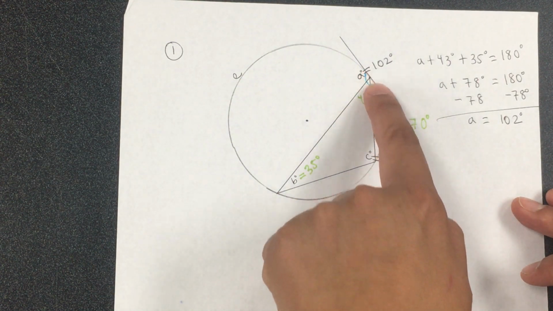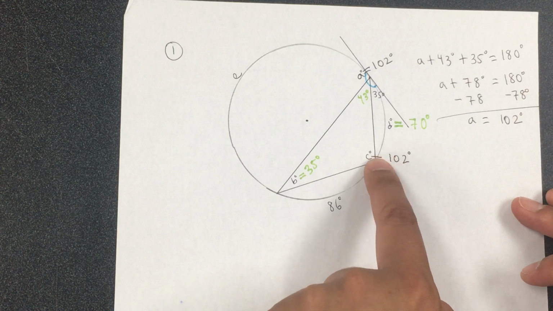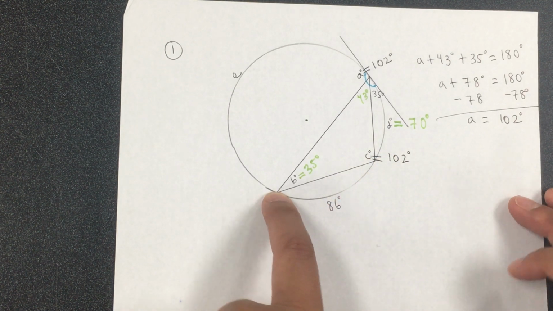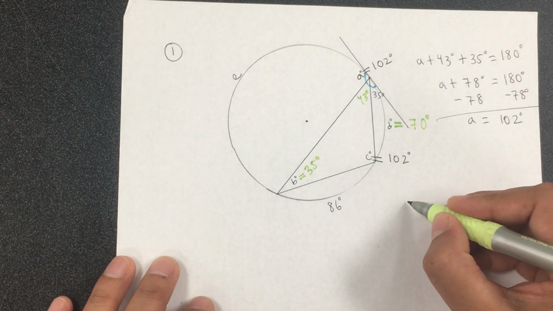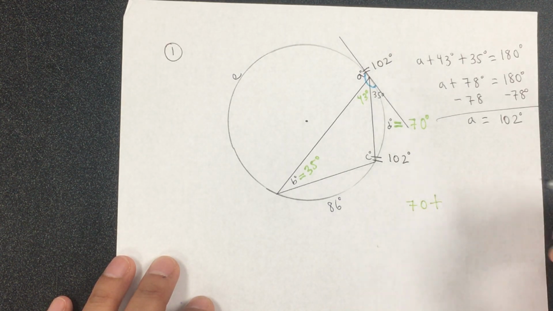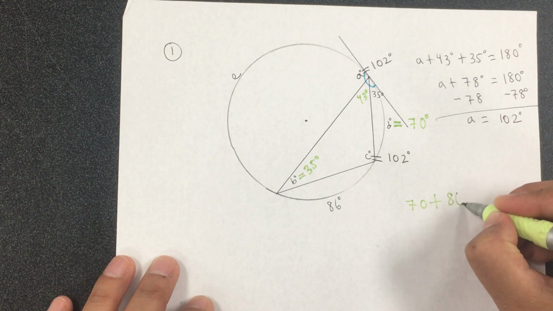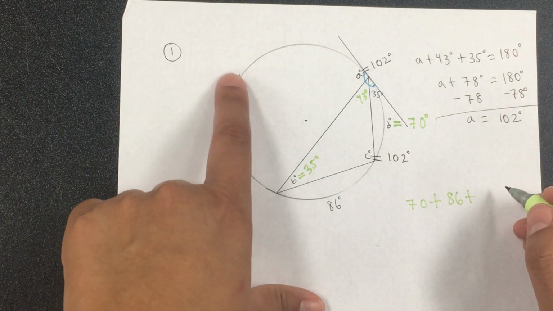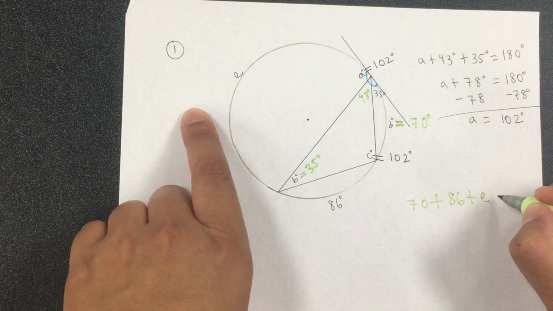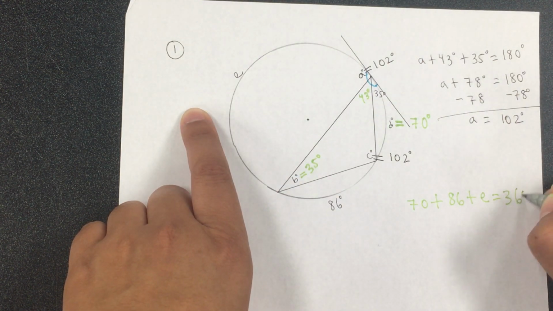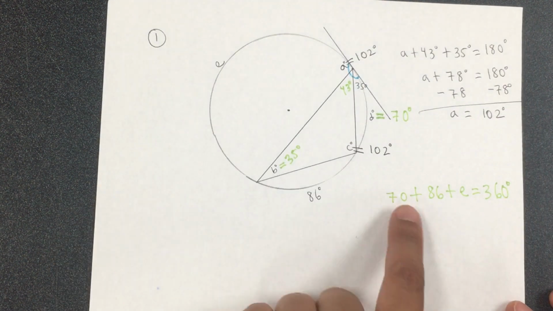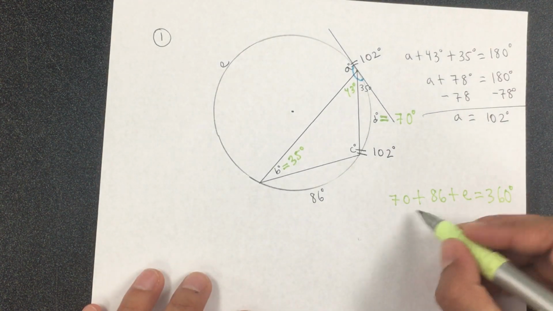If we already know that from here to here is 70, from here to here is 86, what are we missing for the 360? So 70 plus 86 plus the arc named E, all together is 360 degrees.